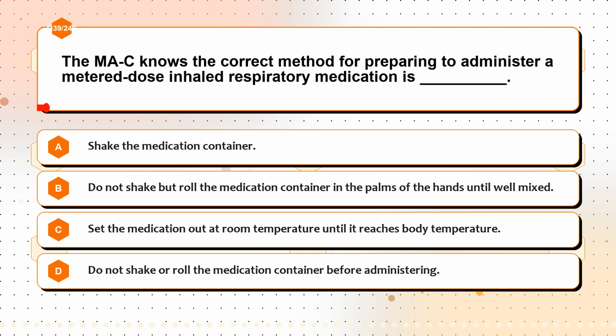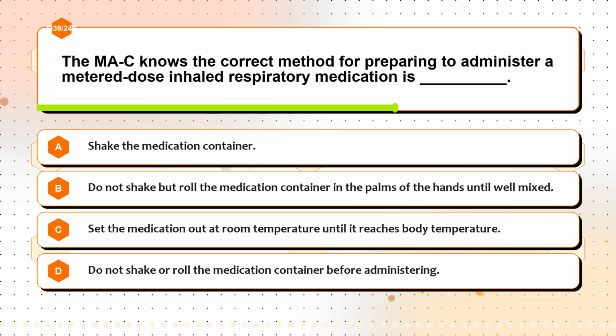Question 39. The MACE knows the correct method for preparing to administer a metered-dose inhaled respiratory medication is blank. Here are the options. Option A. Shake the medication container. Option B. Do not shake but roll the medication container in the palms of the hands until well mixed.